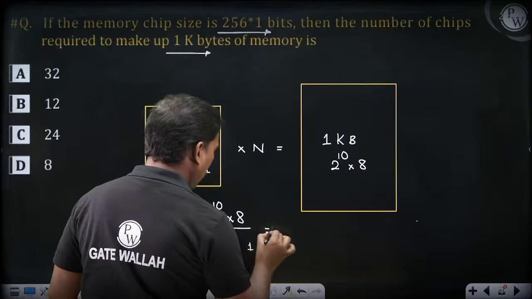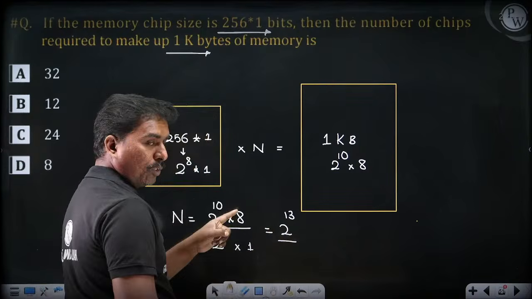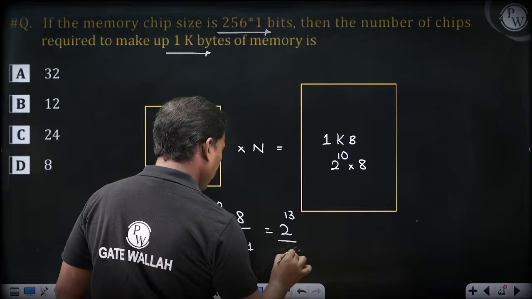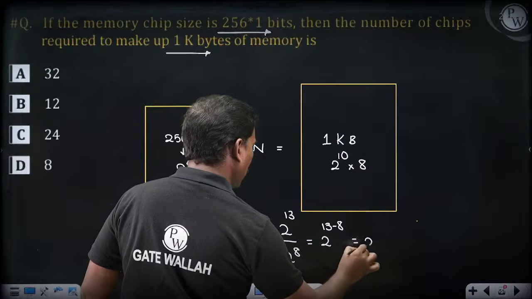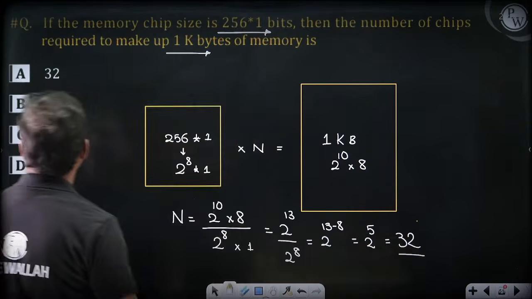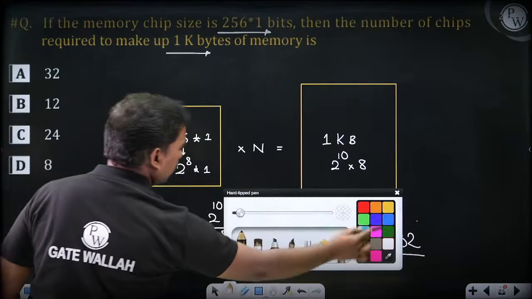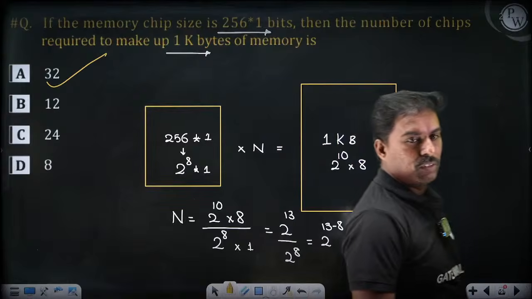That is 2 power 13 divided by 2 power 8. So 2 power 13 minus 8, that is 2 power 5, which becomes 32. So the right answer is 32. Option A is the right answer. So 32 chips.